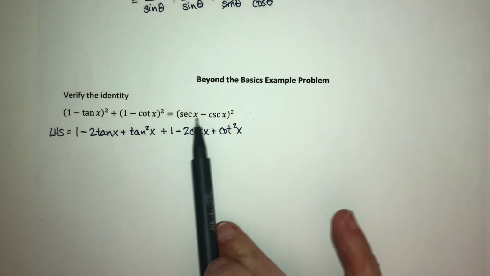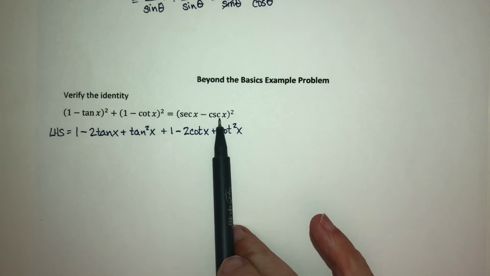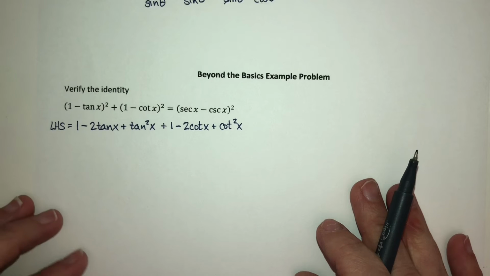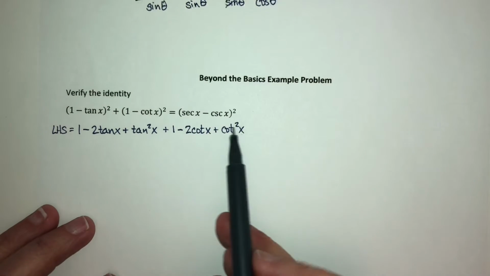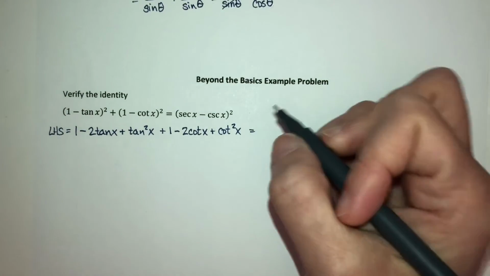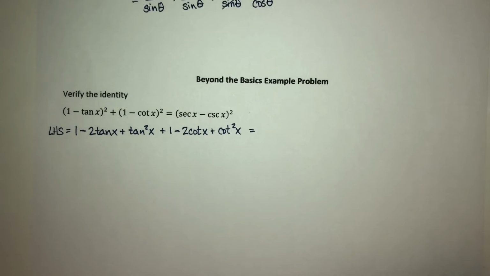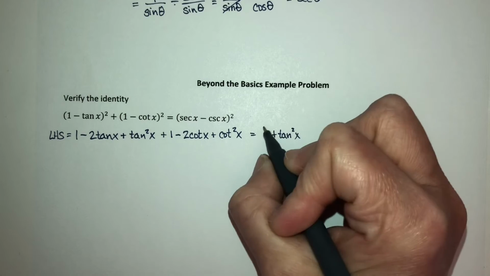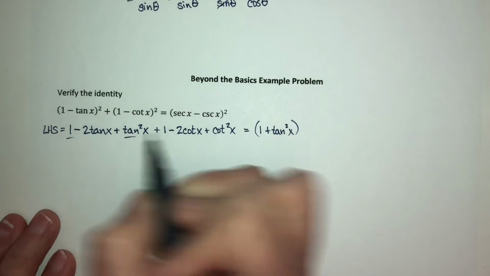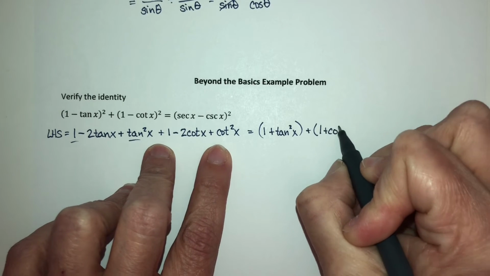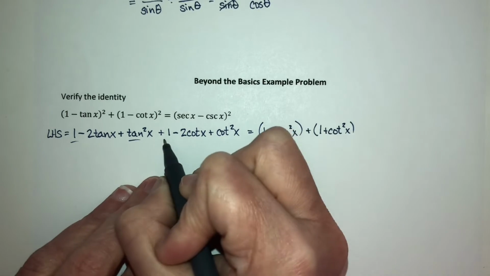Okay, and I'm hoping to end up with secants and cosecants, so just sines and cosines. Okay, so let's see what we've got here. I have these two with squares and I have ones with them as well. So I can easily rewrite this as 1 plus tangent squared of x. Put that in parentheses, and I've dealt with this one and this one. Plus 1 plus cotangent squared of x, using this one and this one.